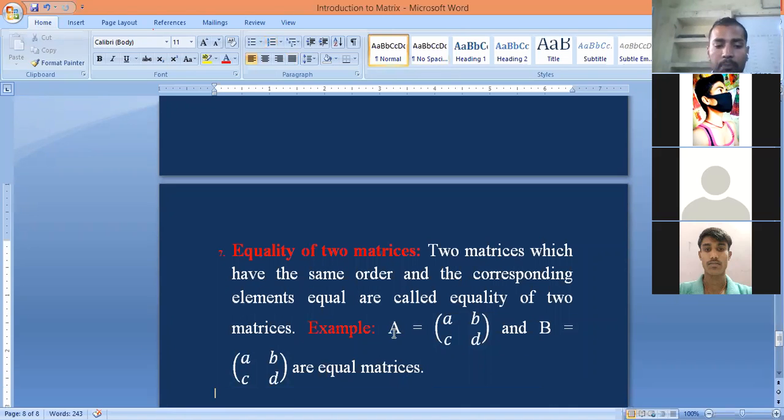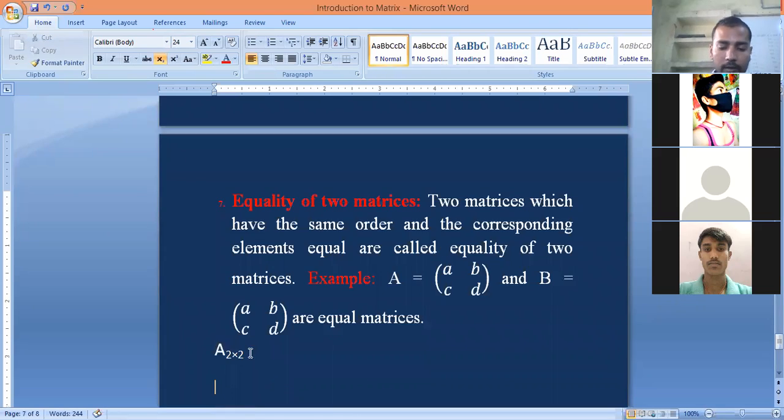Because the order of matrix A is 2 into 2, because there are 2 rows and 2 columns.